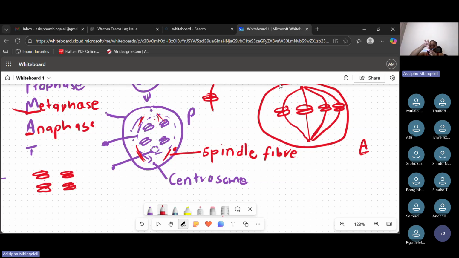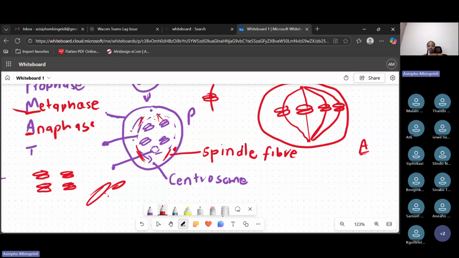So they will be separated. What are the words that we are going to use here? We can say chromatids are moving to opposite poles. We can say daughter chromosomes are moving to opposite poles. We can even call them unreplicated chromosomes, because remember, the main reason we are calling them a chromosome is because they are replicated.